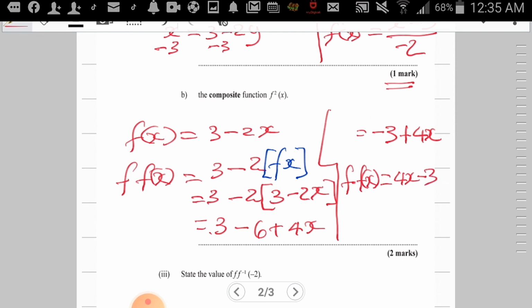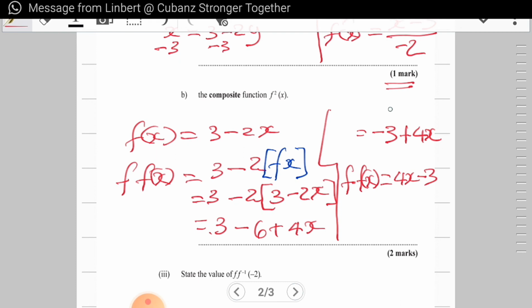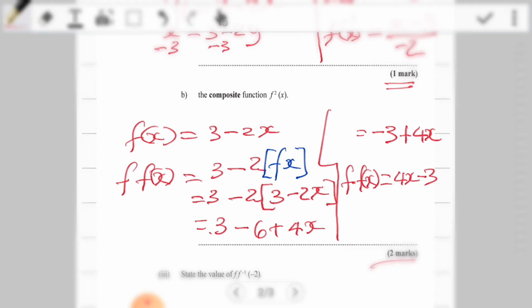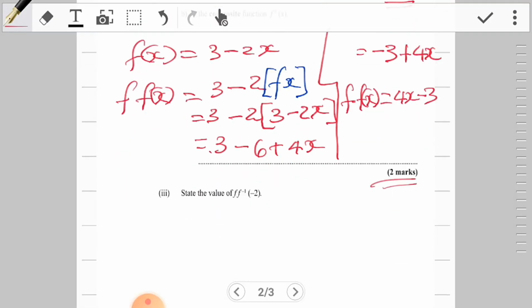Basically that's it. Putting the function into the function, you get 2 marks for that.